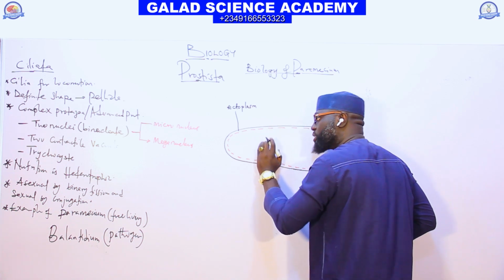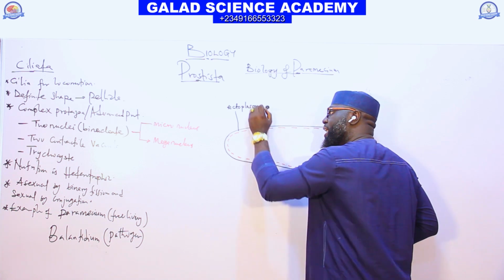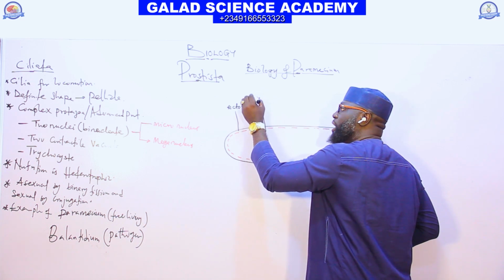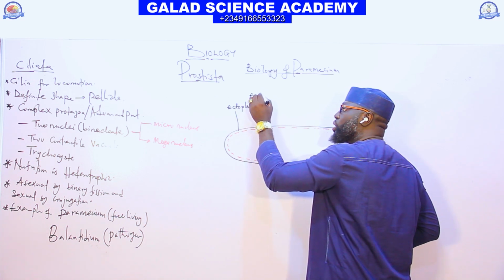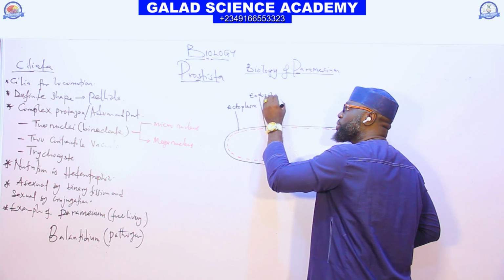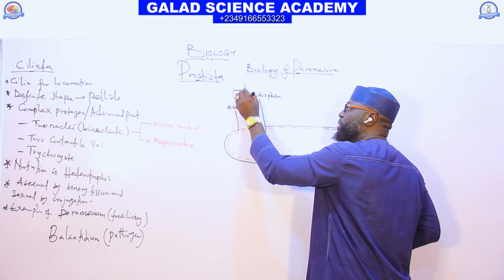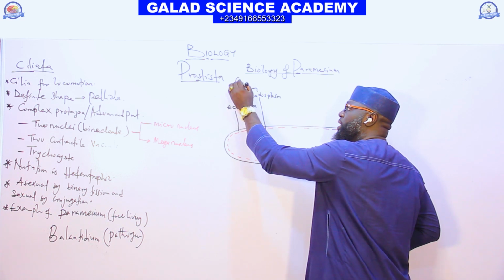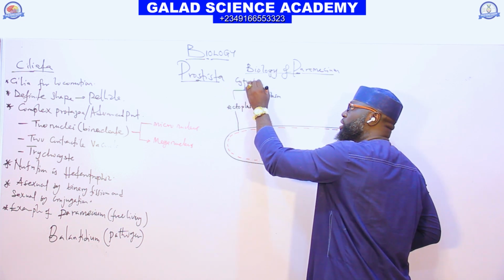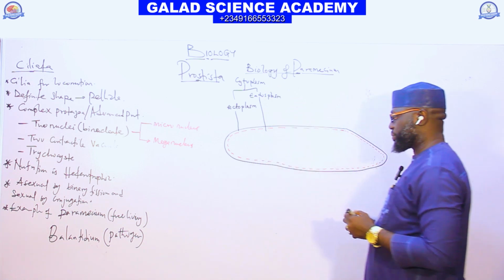Anything below the red line, we call it endoplasm. And the combination of endoplasm and ectoplasm is called cytoplasm.